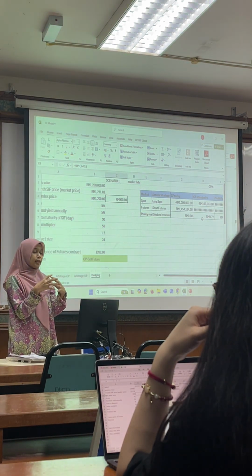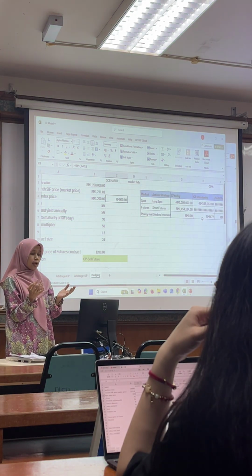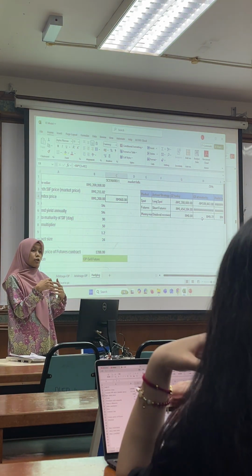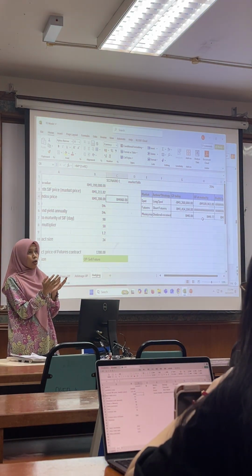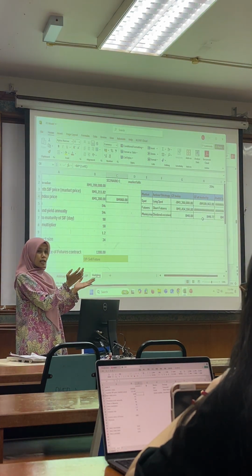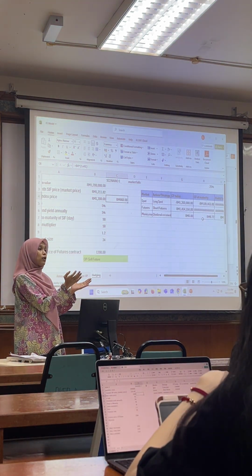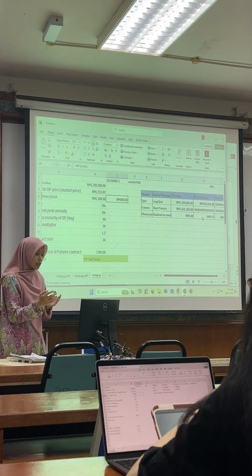That is why we do this. I call it the stock index futures because of price discovery. The price that people call the spot now actually comes from the previous futures price. So now it will be the same.